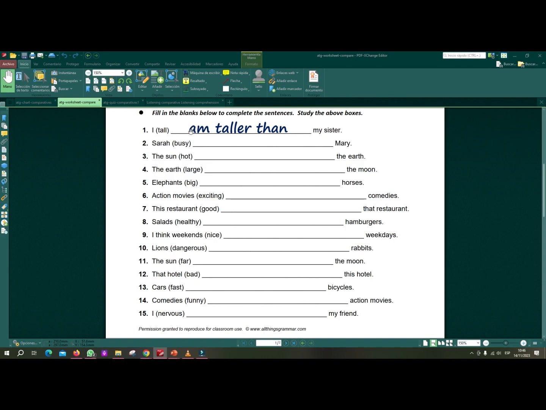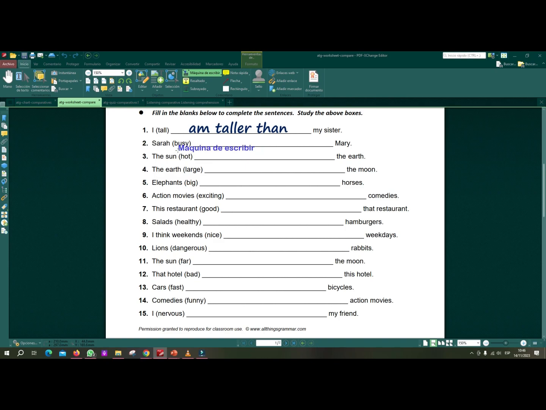No se olviden que tienen que utilizar un verbo, es una oración, ¿verdad? Completa. Entonces, el verbo de acuerdo al sujeto que ustedes tengan. En este caso, I am. I am taller than my sister. Yo soy más alta que mi hermana. Yes? Or for example, number 2, you can say, Sarah, busy, Mary.